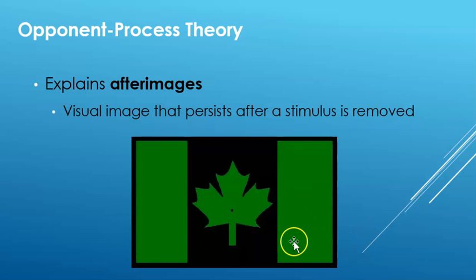So anything that's green would turn red, anything that's black would turn white. That's because when you look away, what you're seeing is an after image, the cones in your eye turning off or turning to the other setting. And so you'd see an after image of the opposites of each of these colors.